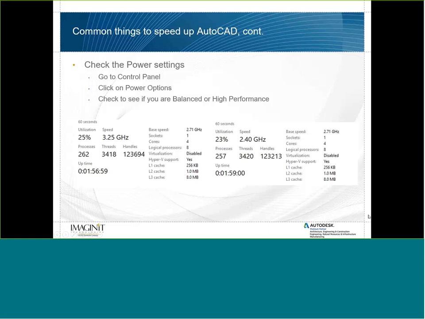I'm on Windows 10, so you can actually go in and see this information in your task manager, but you'll actually see a difference in processor speed based on balanced, high performance, or energy saving. If you go to energy saving or lowest power consumption, you'll actually see your processor speed drop down to about 1 gigahertz, and AutoCAD is brutally slow.